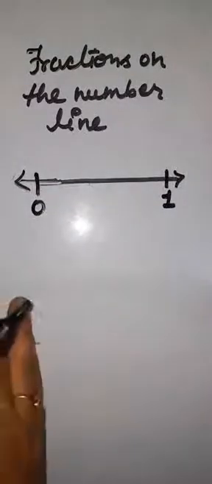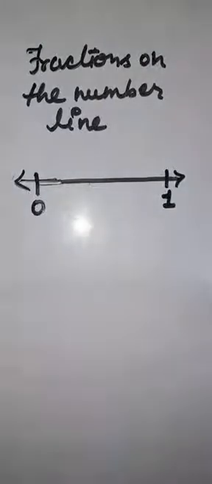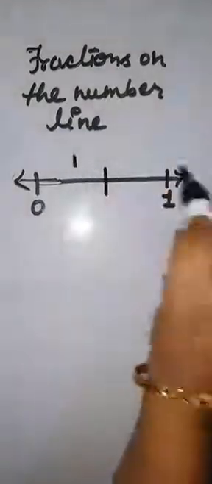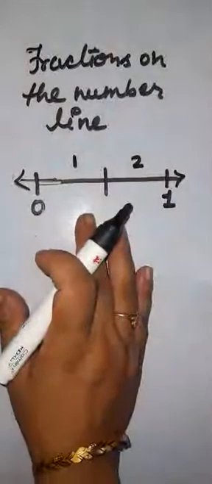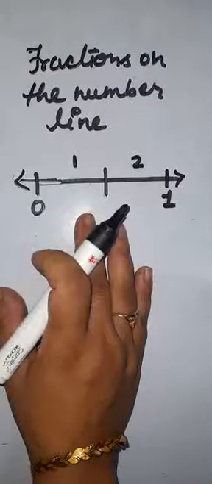And if I divide the number line into 2 equal parts, right? If I divide the number line into 2 equal parts, it means that I'll break it from here. Now it will represent 1. It is 2. Alright. So because I have divided this number line into 2 equal parts.